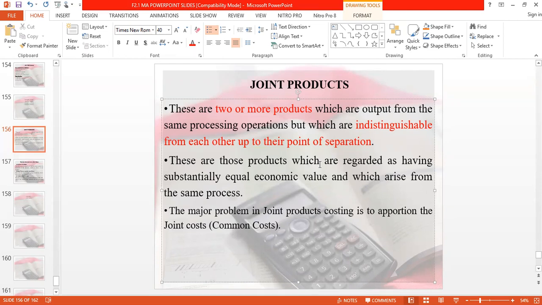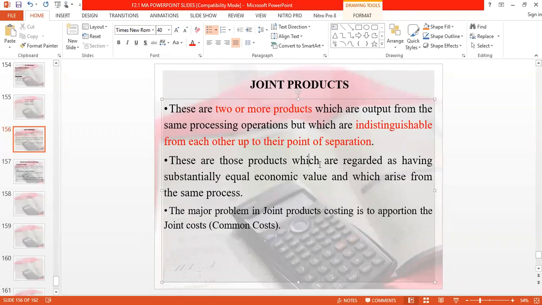Now, the major problem in this case is there is one joint cost, but you share these costs in three products. How do we share the joint costs into the number of products that we have? If you have 4 products, into 4 products. Joint cost is only one, but we want to share it in the number of products that are there.